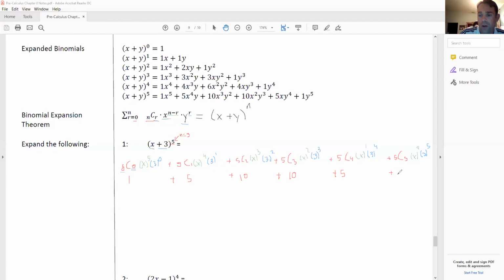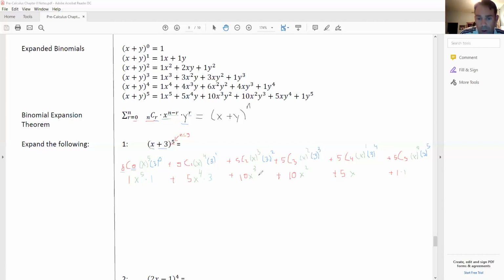And instead of multiplying it all the way out, as you get pretty quick at this, and you will get really quick at this, the binomial expansion theorem allows us to go ahead and multiply out these binomials really, really quickly. But again, we need combinations to do it. Or you just use Pascal's triangle, which you can do, totally okay. And then 3 to the 0 power, that would be 1 times 3.